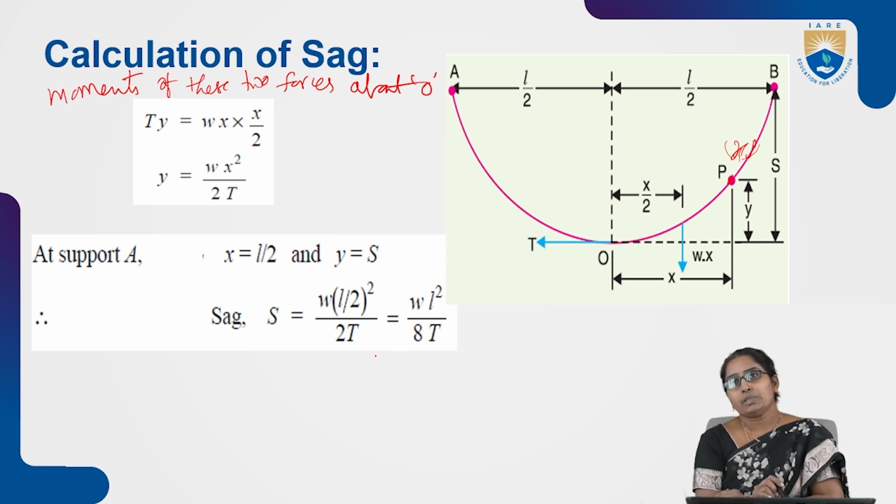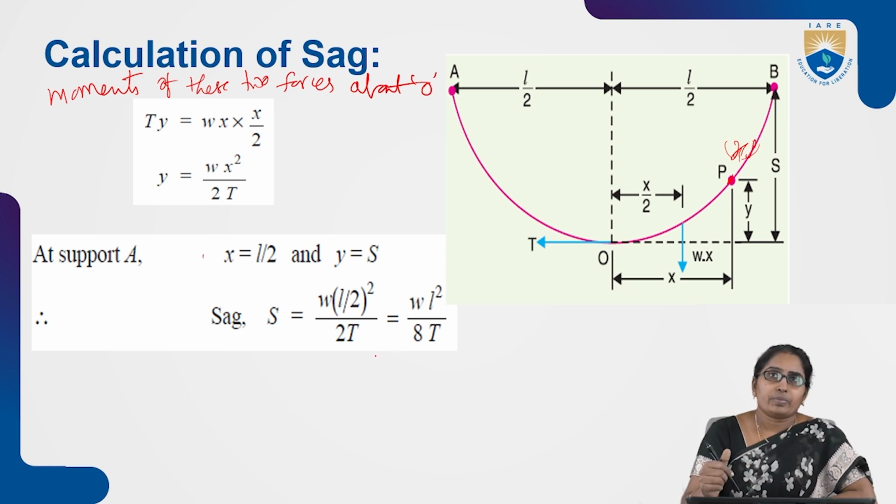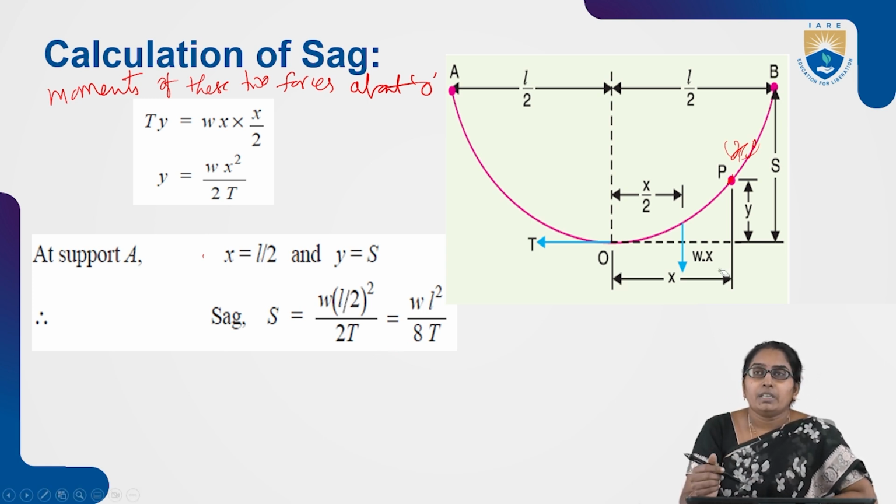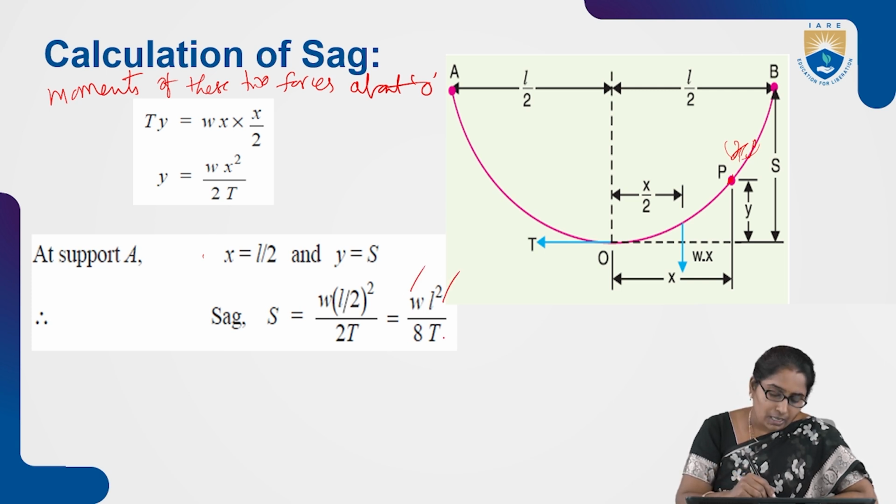That is the expression for the sag when supports are at equilevel. Sag s is equal to W L square by 8T, where W is the weight per unit length of the conductor, L is the length of the span, and capital T is the tension in the conductor.